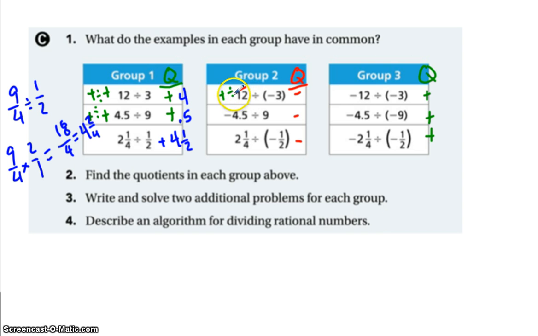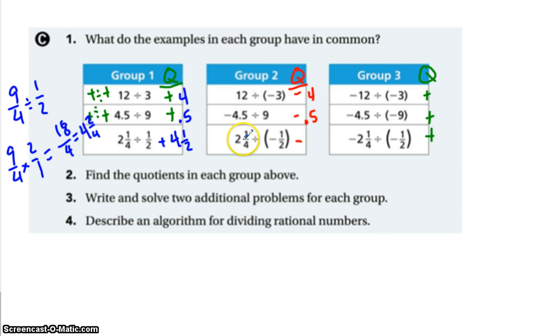All right, so now since we are using the same numbers, all we are worried about is the sign. So again here, positive 12 divided by a negative 3, we're going to wind up with a negative 4. Okay, again here, negative 4.5 divided by 9, that would be negative 0.5.